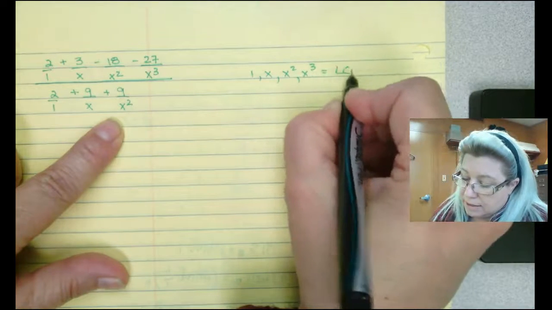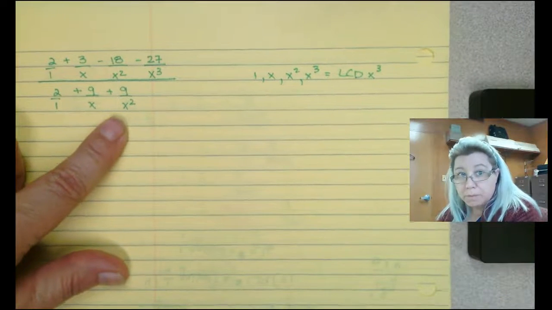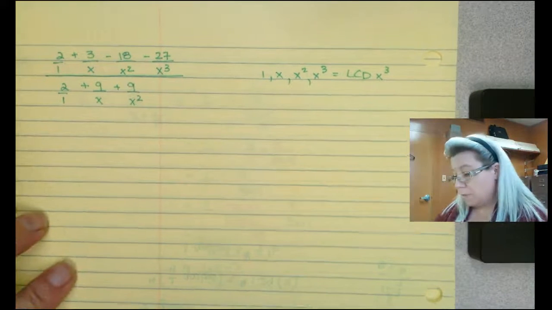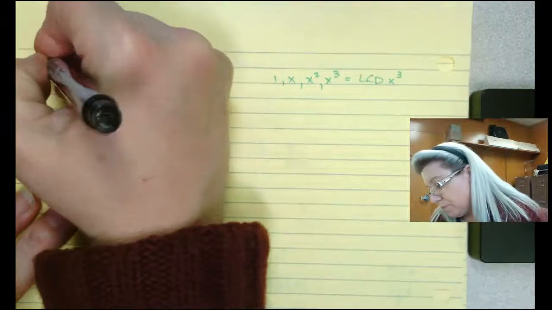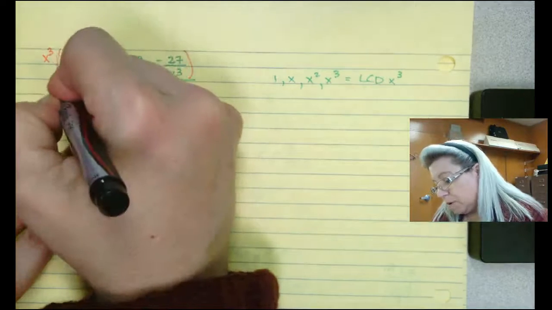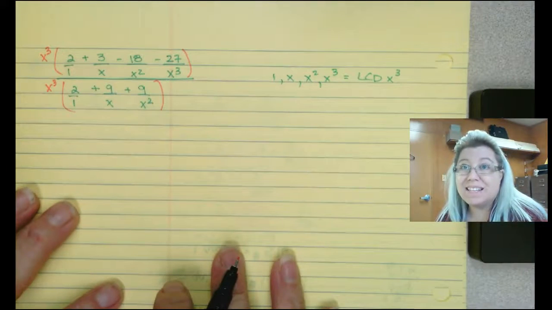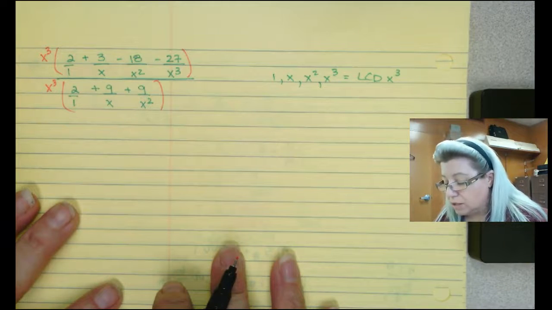The LCD will be x cubed. That's what I'm going to multiply the top number and the bottom number by, x cubed. By multiplying by the LCD, we're in essence getting rid of the fractions on the top and the fractions on the bottom.